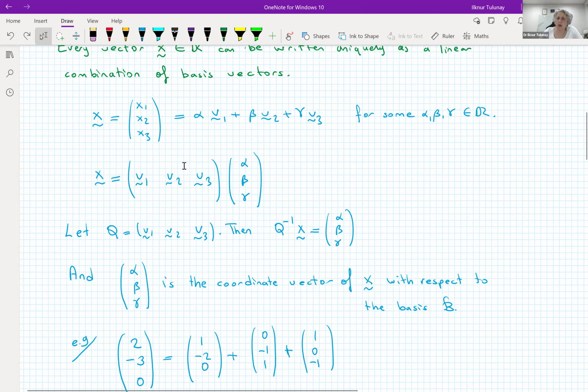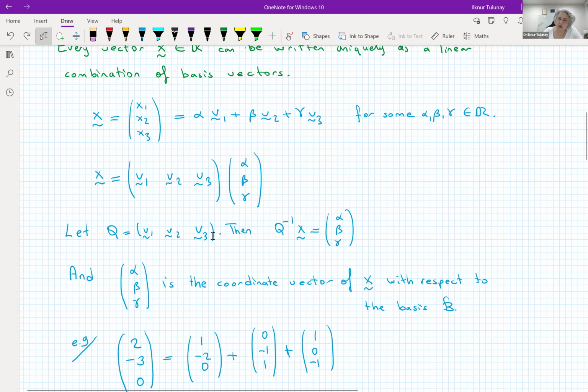So call this matrix Q. So Q times (alpha, beta, gamma) gives you x. Since v1, v2, v3 are linearly independent vectors, the matrix Q that you are constructing here will have an inverse, because the columns are linearly independent. So the determinant will be non-zero.